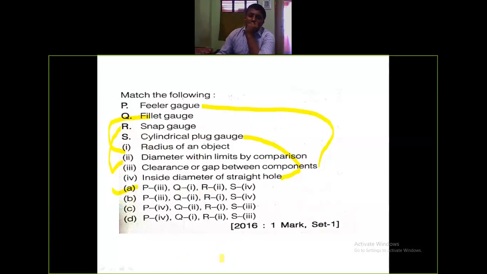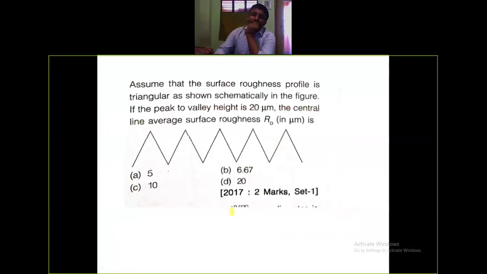This question was asked in 2016. One more question, related to surface roughness. They have given the peak to valley height as 20 micrometer, meaning the distance from here to here.